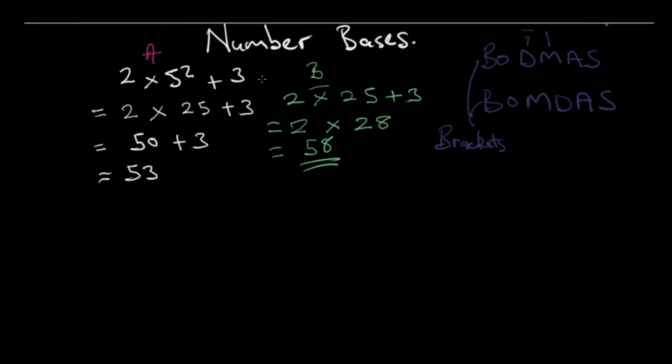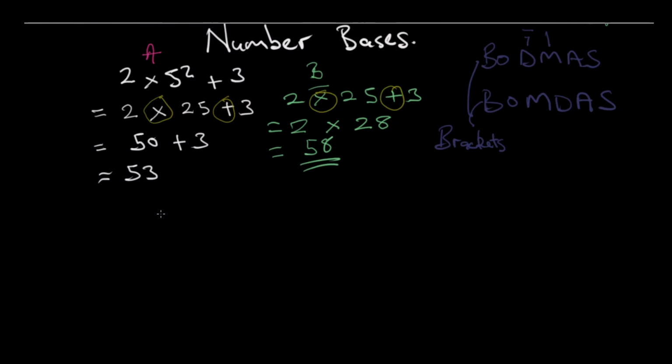2 times 5 squared plus 3, which is the same here. Then 2 times 25 plus 3, the same. Student A started by multiplying before adding, because at this point we have multiplication and addition.